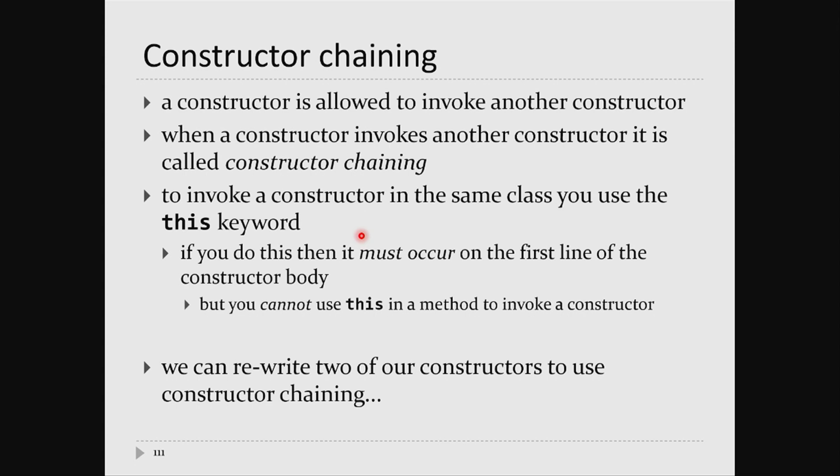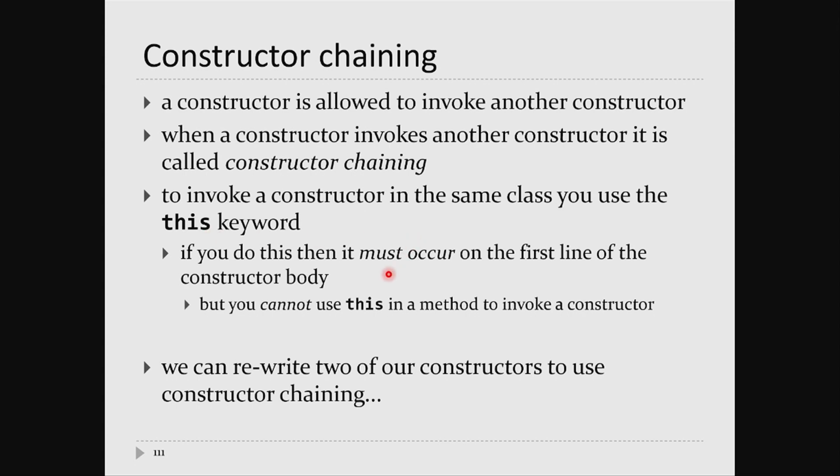Java is a little bit bad in this respect in that it recycles keywords. So this now takes on a different meaning. Instead of referring to a field of this object, this is now the way to call another constructor inside the same class.